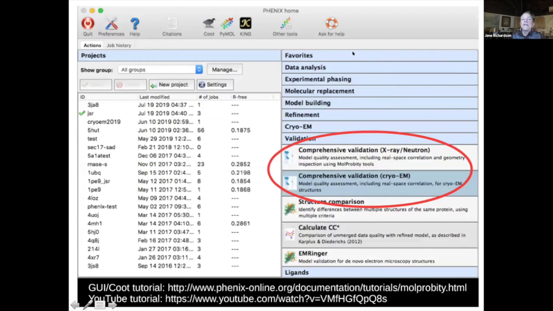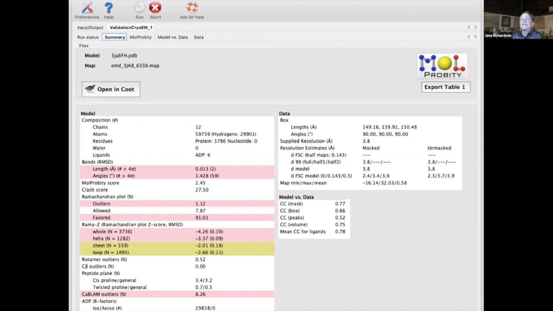So to see similar things inside Phenix, again, you've been shown where the validation GUIs are with the cryo-EM one and an X-ray one, which have a lot in common, but also a number of real differences. And you get the report that Pavel took you through.